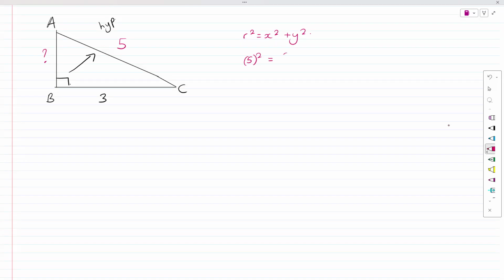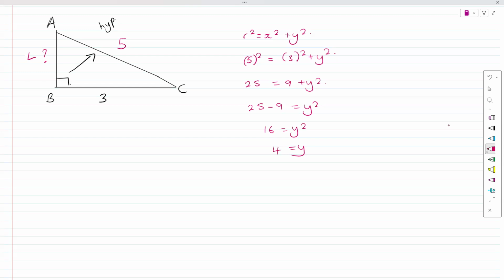Which equals x squared, which is 3 squared, plus y squared, which I don't know. This is 25 equals 9 plus y squared. Okay? This is 25 minus 9 equals y squared. This would be 16 equals y squared, and y equals 4.